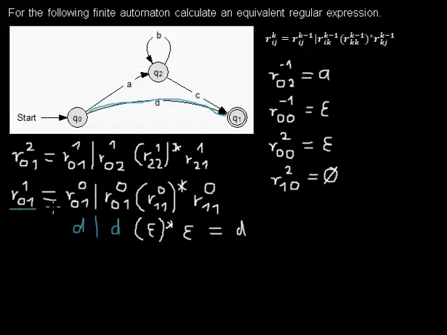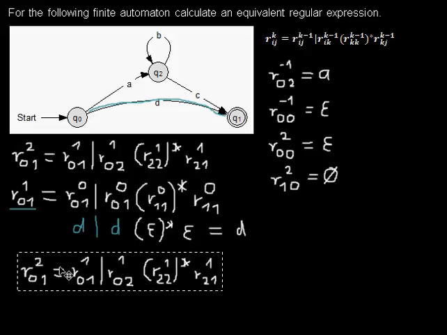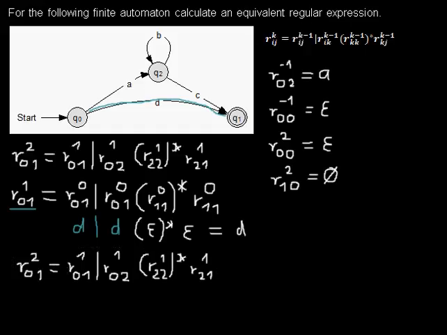So this one is the same as d, and that means, well, let me copy it so I can write under it. So I just figured out that the regular expression from 0 to 1, where I'm only allowed to go through state 0 and 1, is the same as d.